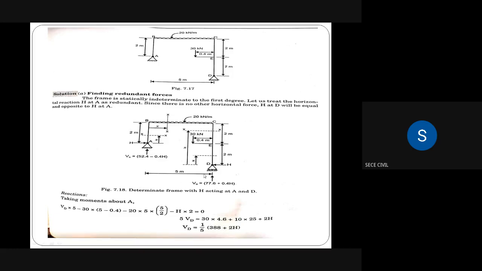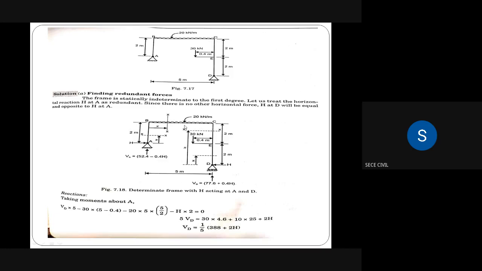So VD into 5 is positive. Then minus 30, because this force gives a clockwise moment, and on the right side of the section clockwise is negative. So minus 30 into (5 minus 0.4), the distance from D to the 30 kilonewton load.